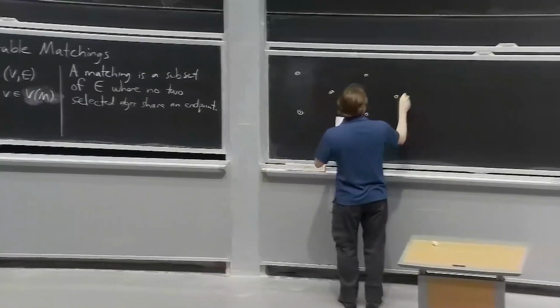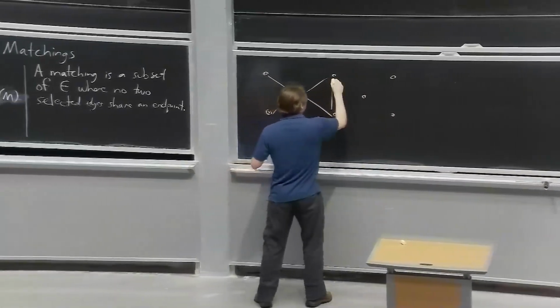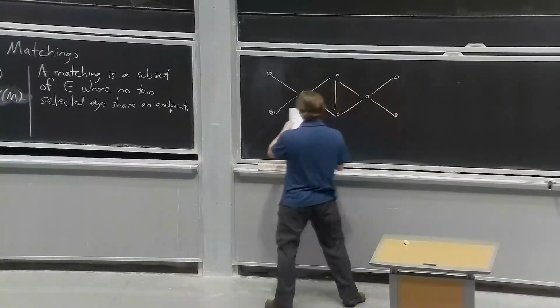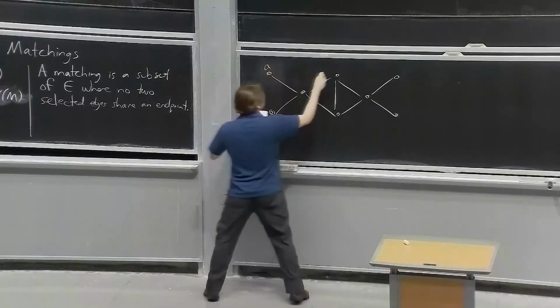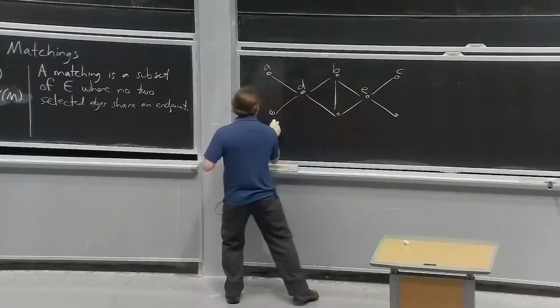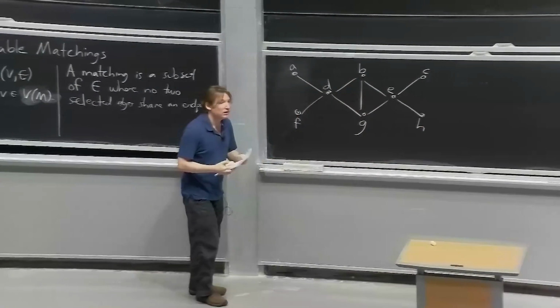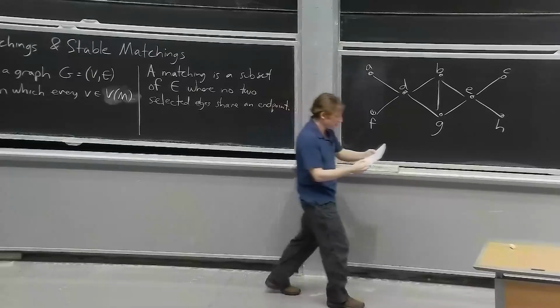For example, I can draw this bow tie looking graph, and then vertices A, B, C, D, E, F, G, H. So if this is our graph, let me give you an example of a matching.